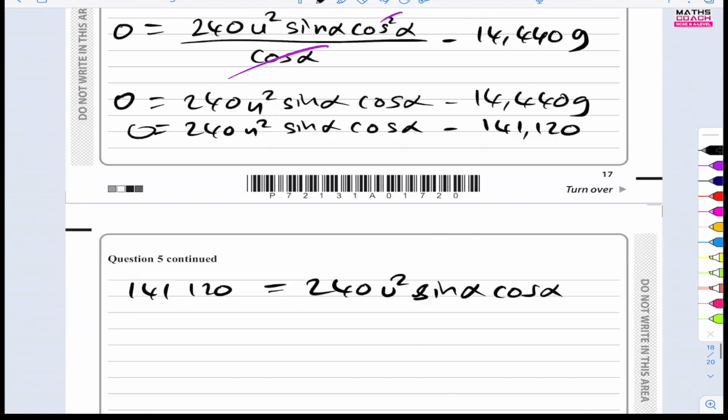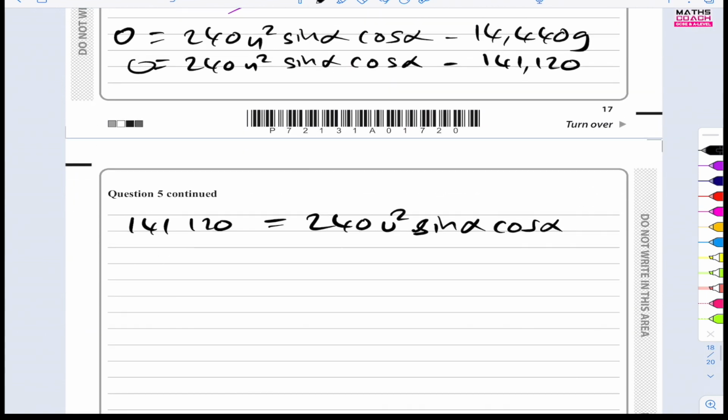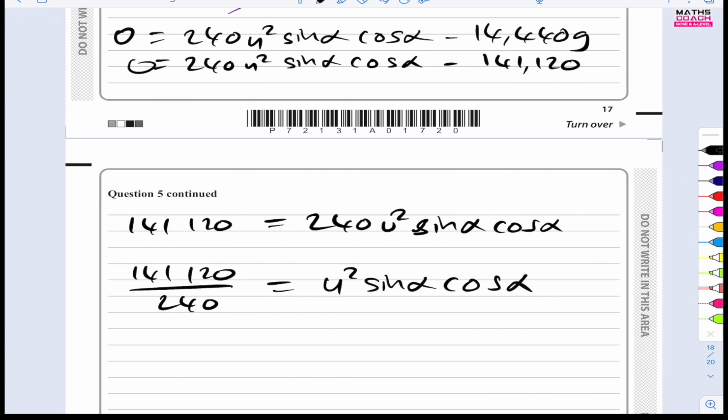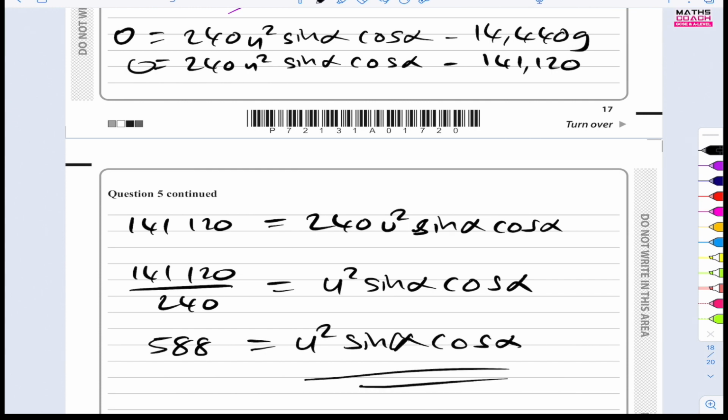How do we get 588? We are going to divide by 240. So if we divide 141,120 by 240, we get 588 is equal to u squared sine alpha cos alpha. And there you go. That's what it wanted.